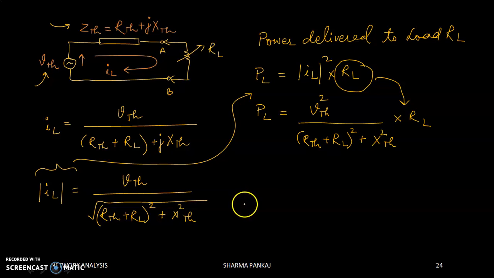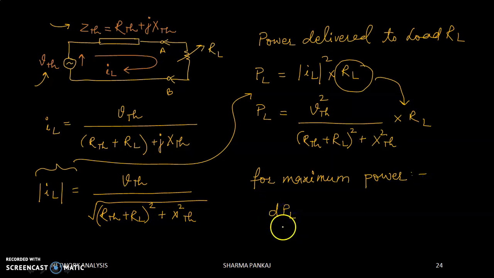We have studied the condition for maxima and minima, which is that for maximum power, the condition should be that the rate of change of PL with respect to RL, dPL by dRL, is equal to 0.